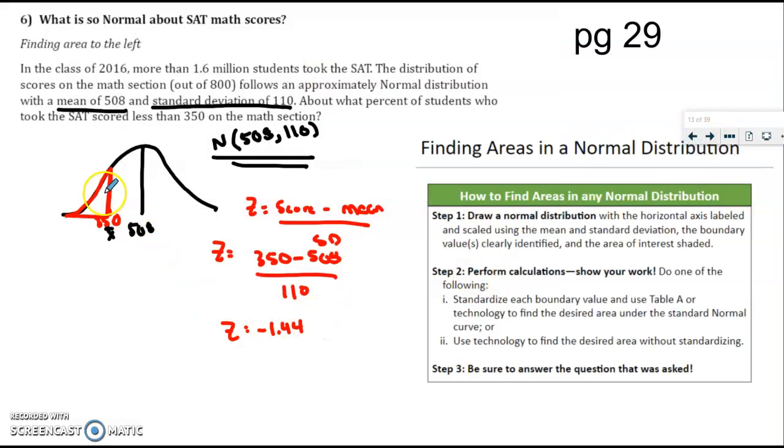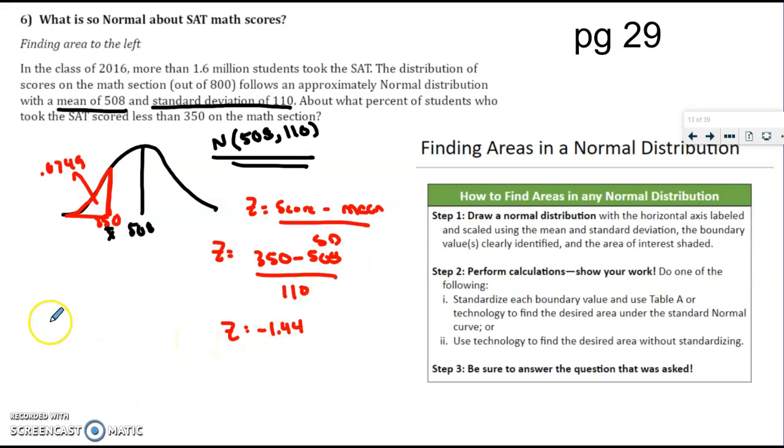So what that means is that the area underneath this curve is 0.0749. That is the area of that curve, okay? Remember we talked about different types of distributions earlier today, just finding the area underneath that part of the curve.